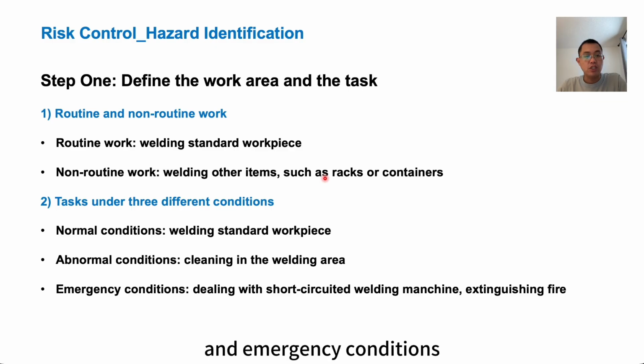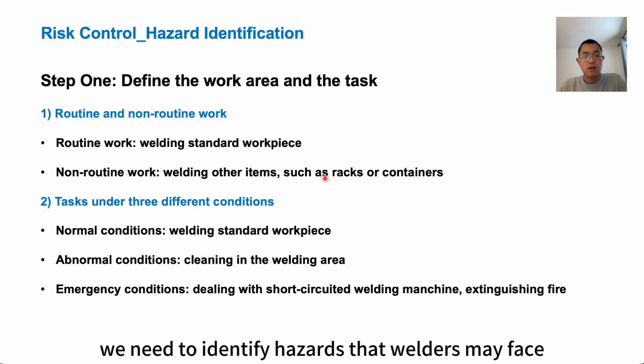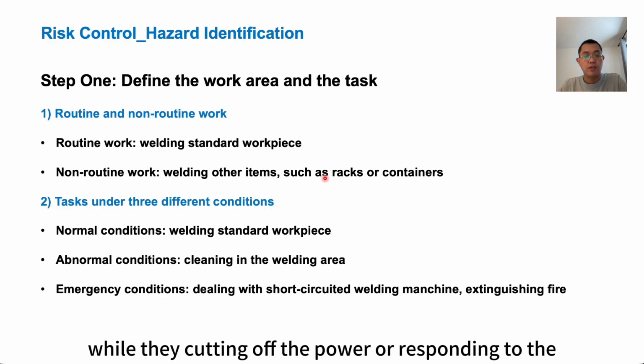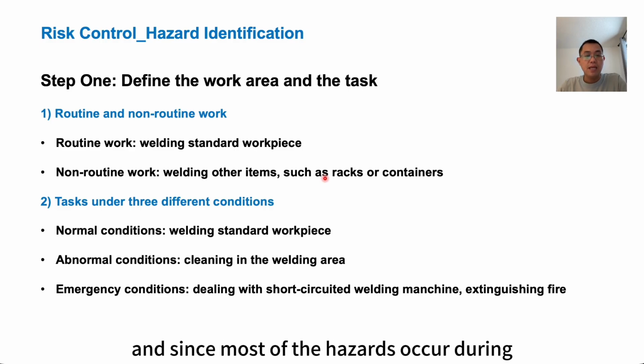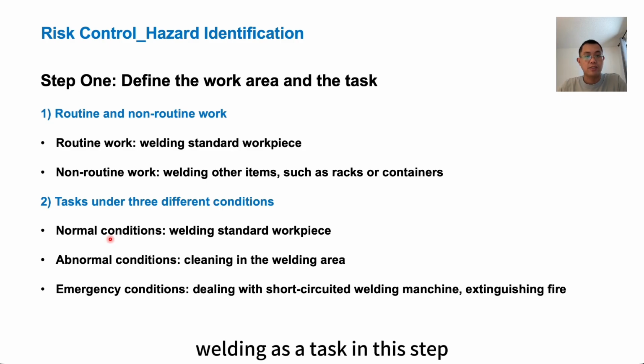And emergency conditions could be like if the welding machine caught fire, we need to identify hazards that welders may face while they are cutting off the power or responding to the fire. And since most of the hazards occur during routine work and normal conditions, we'll select the routine welding as a task in this step.